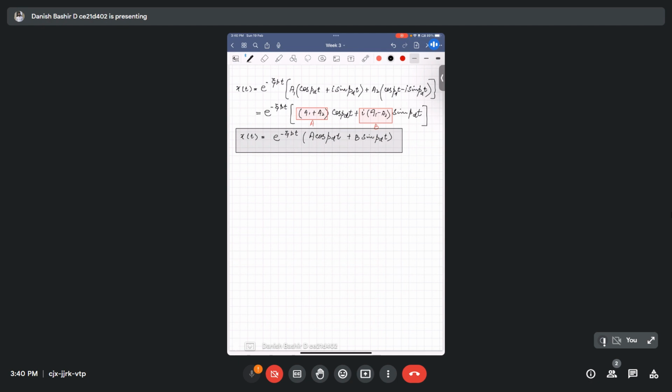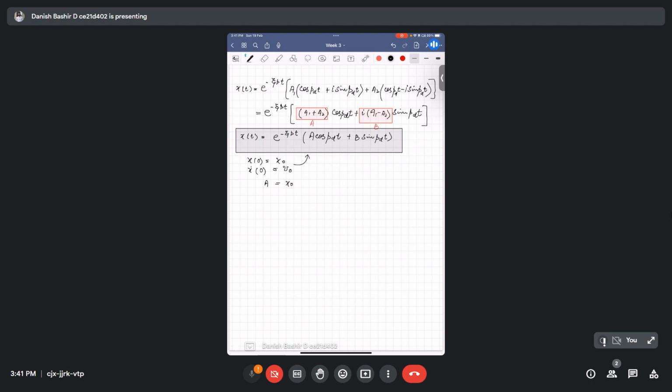Then, as I already mentioned, the initial conditions are x of 0 as x naught and x dot of 0 as v naught. So to get a and b, we have to introduce these initial conditions in the above equation. When we take these two initial conditions into this equation, we obtain a as x naught, similar to the previous one. And for b, there will be a slight change.